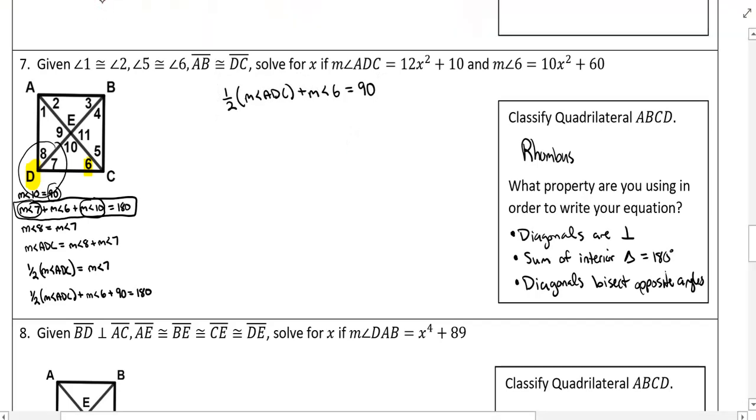So 1/2 of ADC, which would be 12x squared plus 10. So we've got to cut that in half. And then add that to the measure of angle 6, which is 10x squared plus 60. And that's going to add up to 90. So half of 12 is 6. Half of 10 is 5.